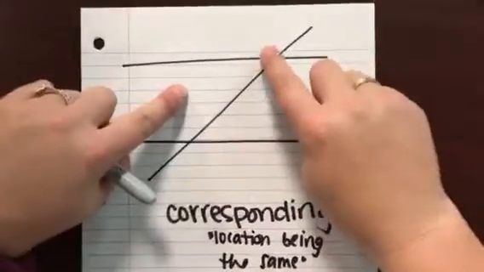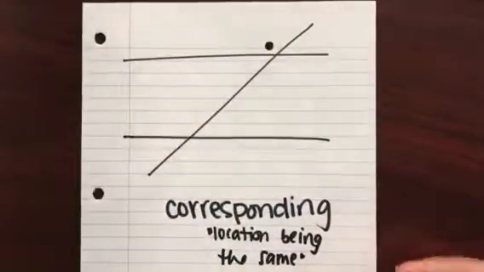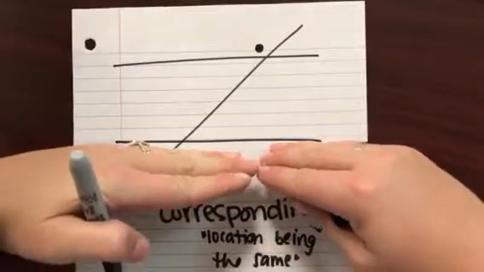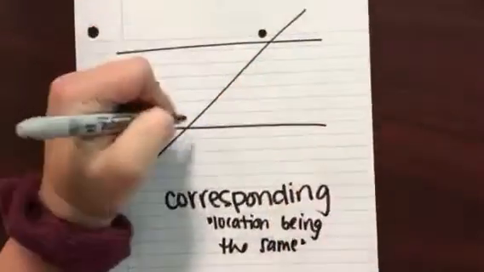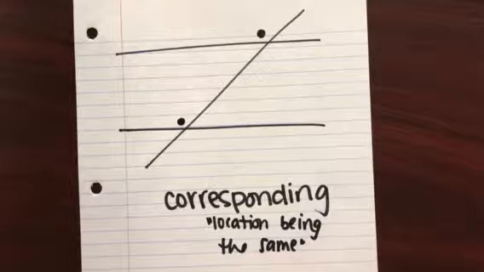So when we look here, this angle is formed within parallel line intersecting line. So this angle here corresponds. It's in the same location as when this parallel line is intersected by this line as this. Corresponding angles are also going to have the same measure as well.